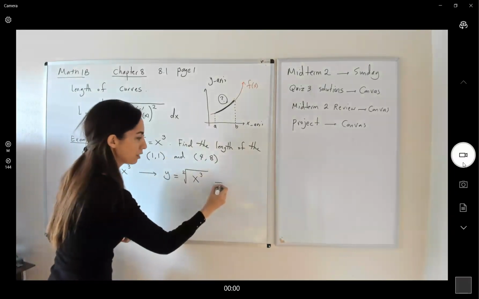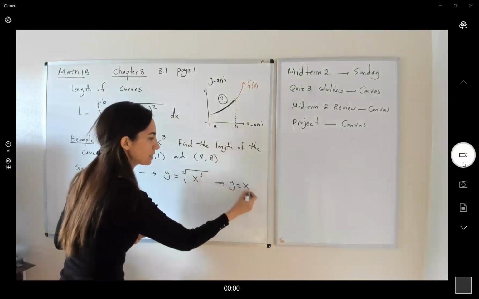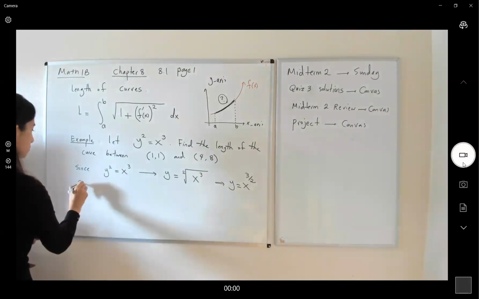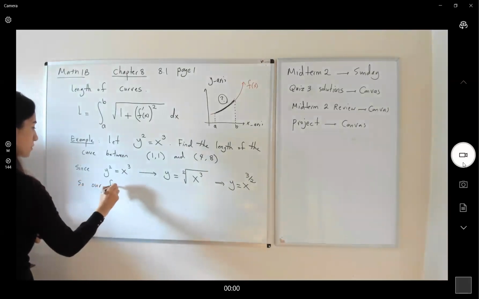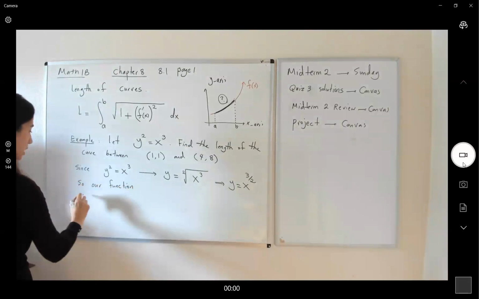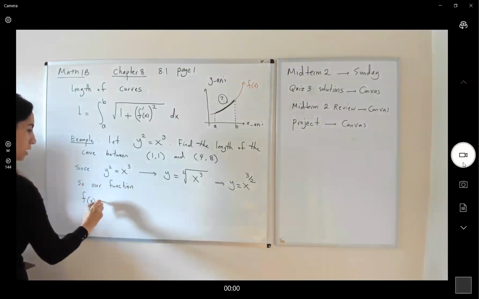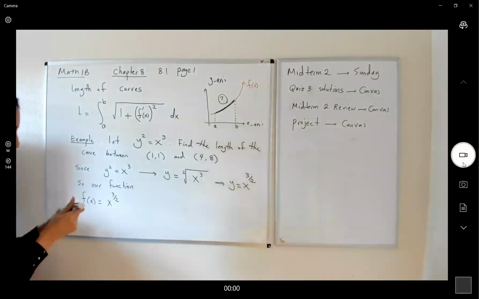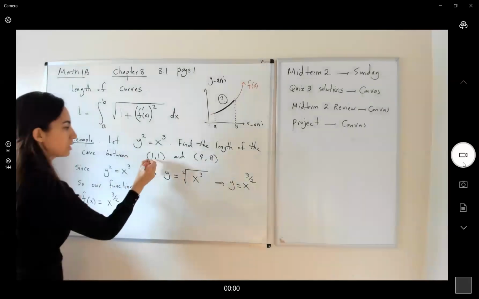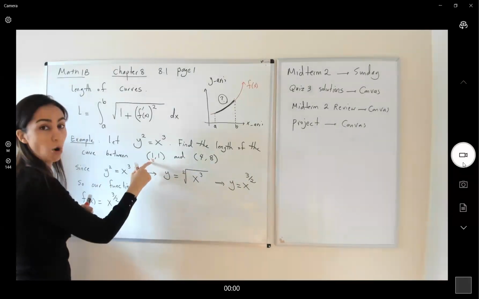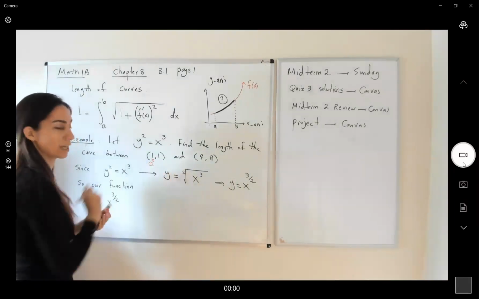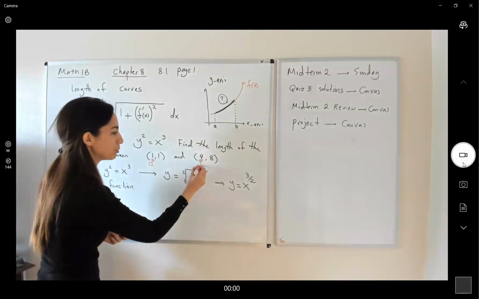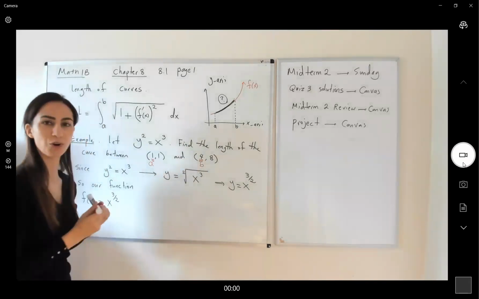It means that your y is equal to x raised to 3 halves. So our function is f of x equals x raised to 3 halves. The first coordinate is 1, so this is your A. The first coordinate is 4, this is your B. You have your lower limit, you have your upper limit.